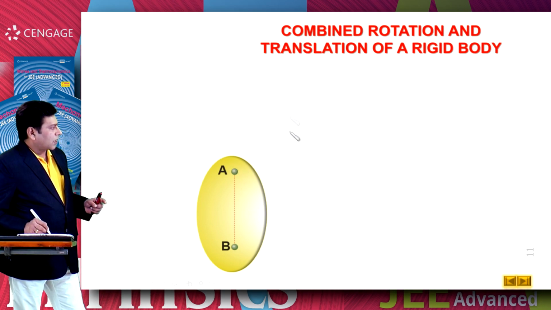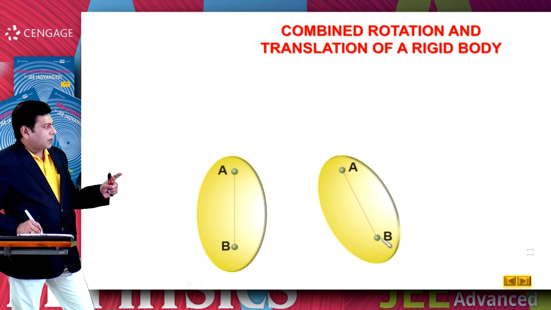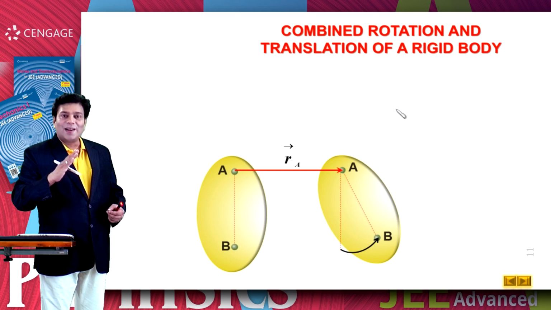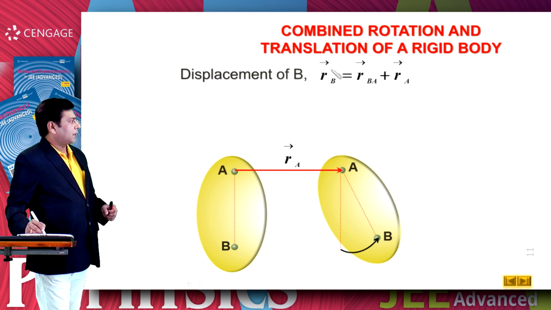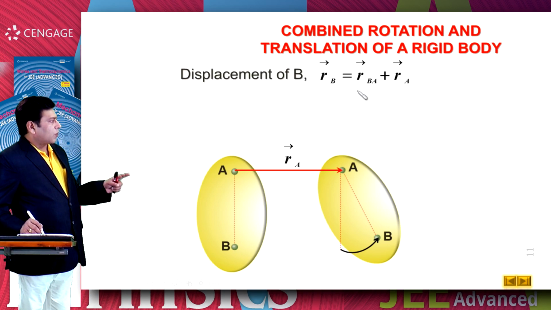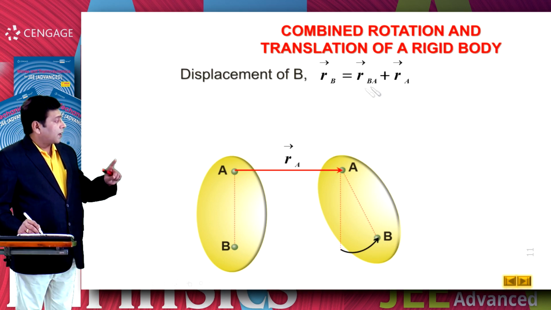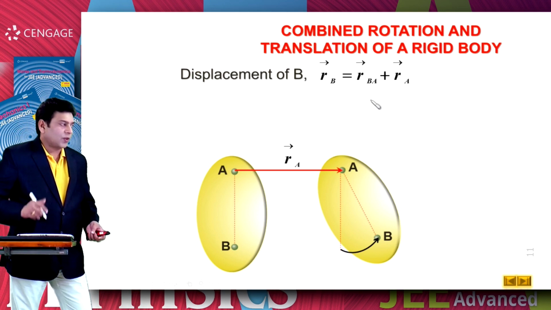So let us make the combined translation and rotation of this rigid body. It will look like this. You can observe here the displacement of A and displacement of B is not equal. Let the displacement of A be the vector RA. Now we can define the displacement of B, that is RB equal to RBA plus RA, that is, displacement of B equals displacement of B with respect to A plus displacement of A. If we differentiate this equation, we can find the relationship between the velocities.